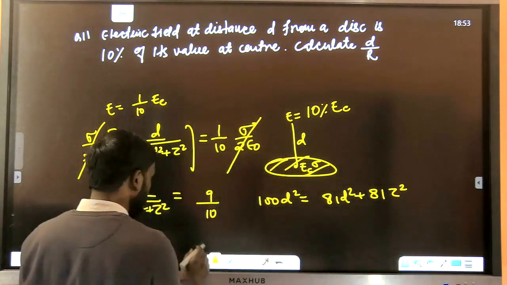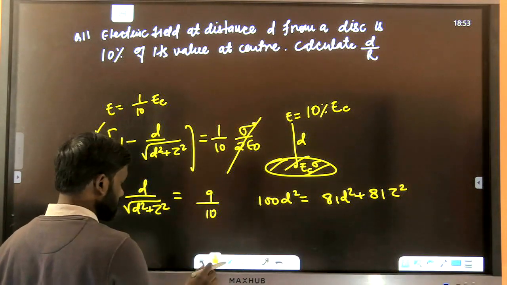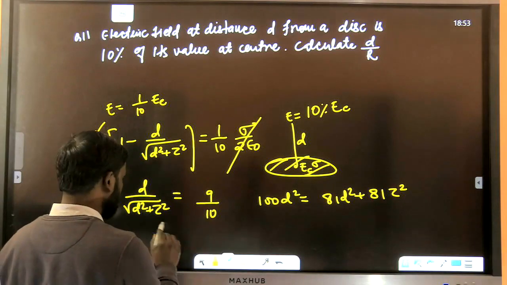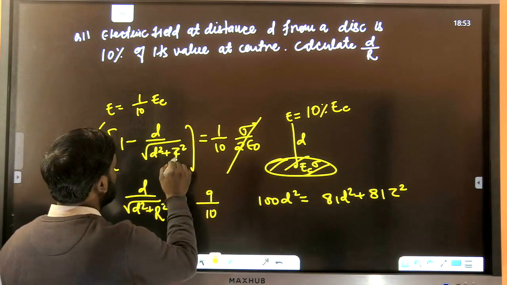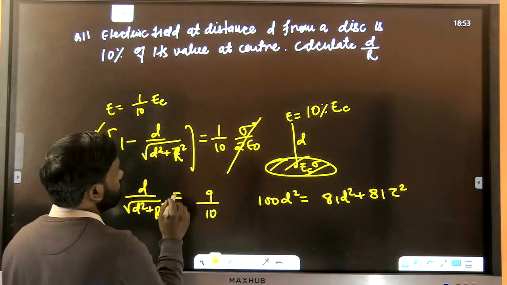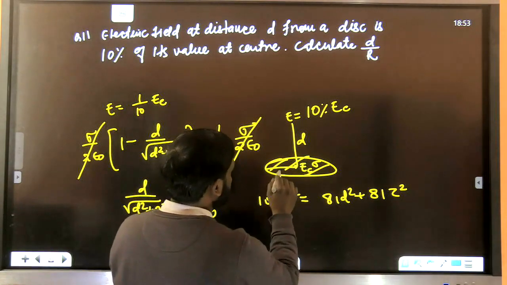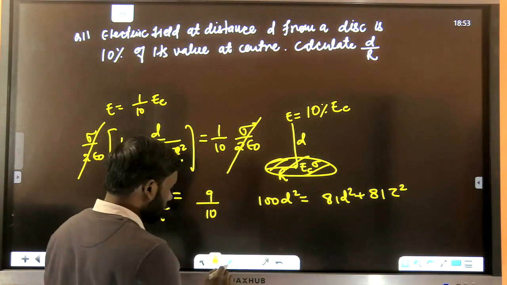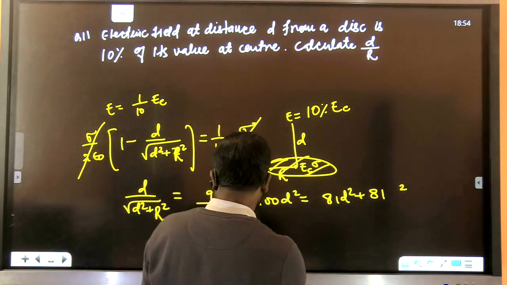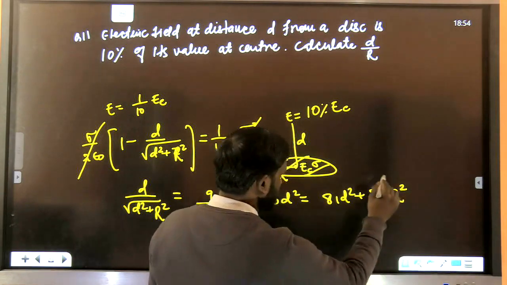Sorry, this is r square actually. I made a mistake. Here it is r square. This is the radius, r is the radius of the disk. So you get r square here.